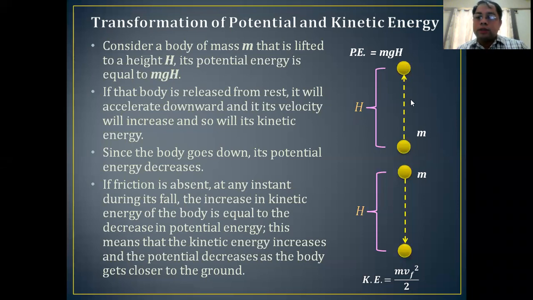But once it goes down, that potential at the top will change the velocity of the object. And the highest velocity will be attained, of course, when it is about to reach the ground. Since that will be the maximum velocity, that will also be the maximum kinetic energy. As we move up, the highest height will also give us the maximum potential energy at the top.